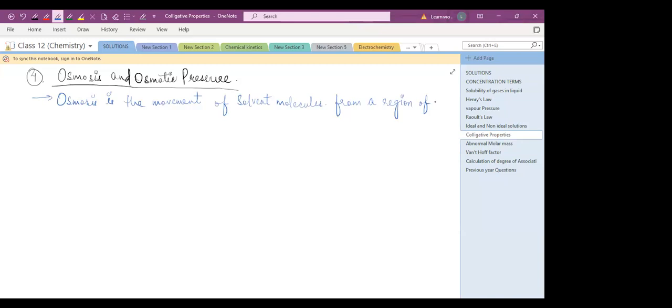So osmosis is the movement of solvent molecules from a region of high solvent concentration to the region of low solvent concentration.